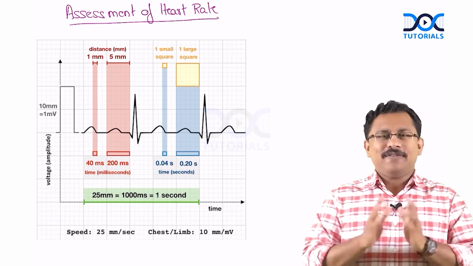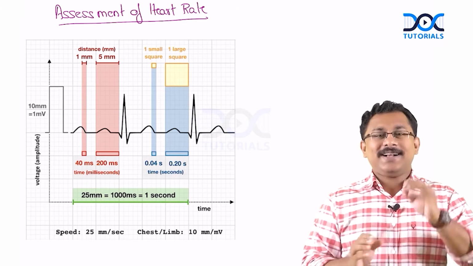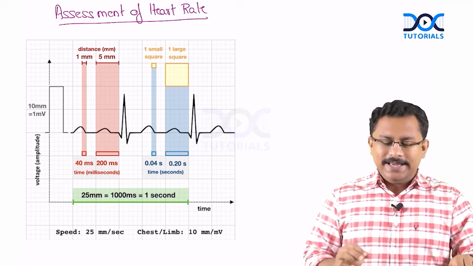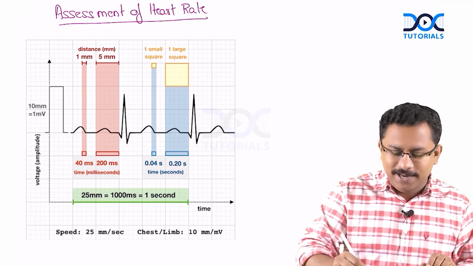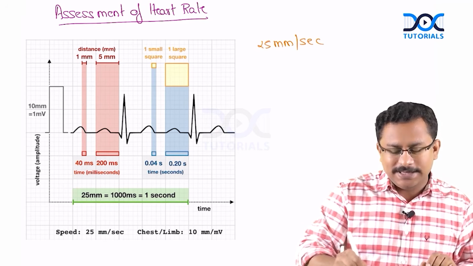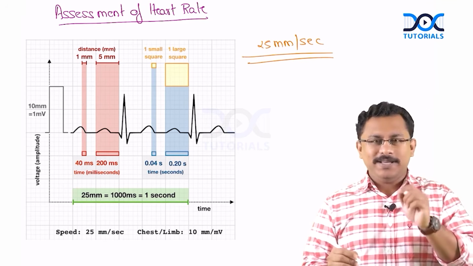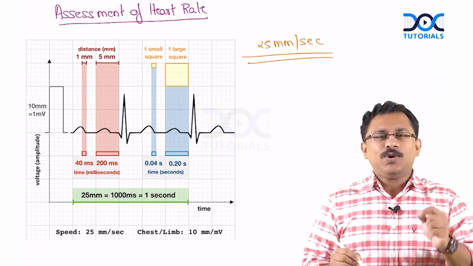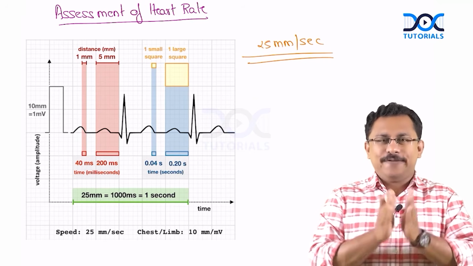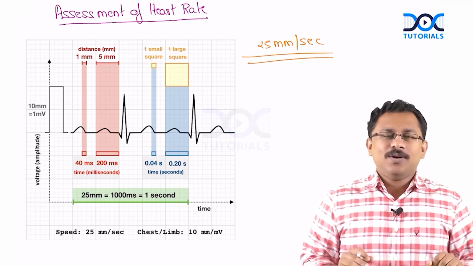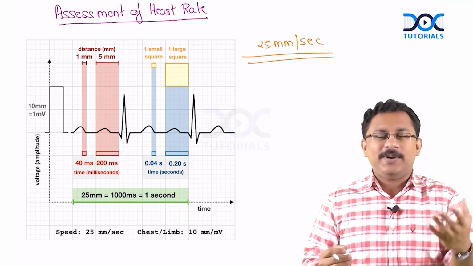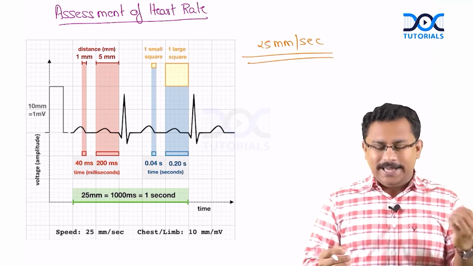When you think of ECG recording, the conventional ECG paper recording speed is 25 millimeter per second. With respect to this, you have got to know a few basic values. These values would change if you are recording at a different speed, like 50 millimeter per second.